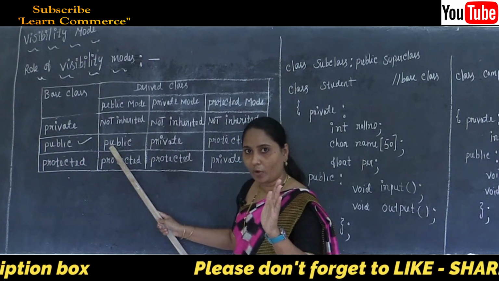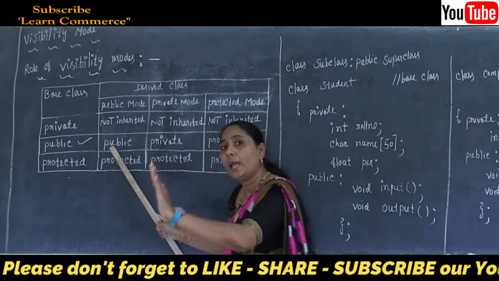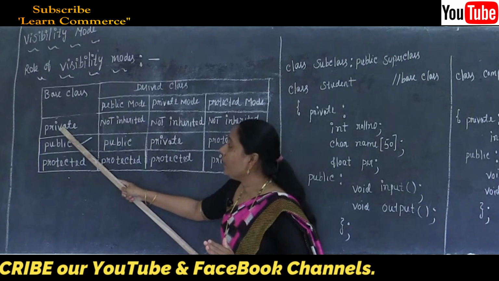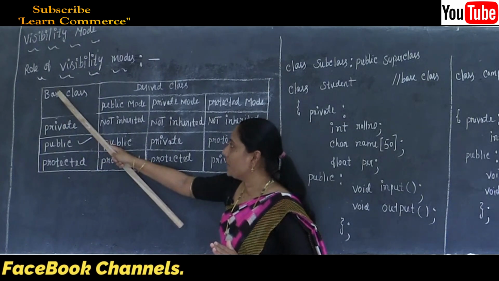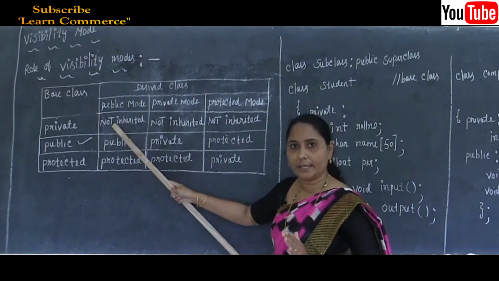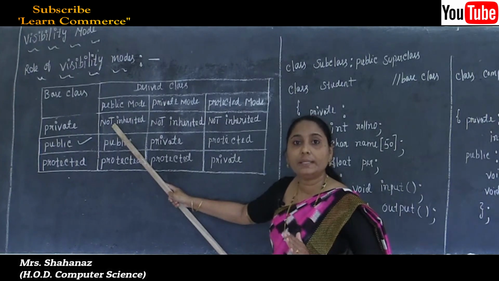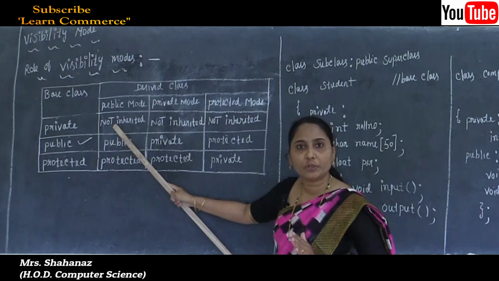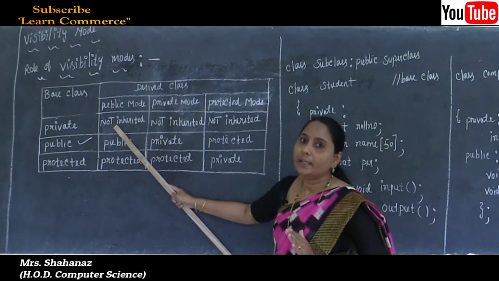The second thing: the private members of the base class cannot be inherited to the public side of the derived class. That means the private members of the base are not possible to shift to the public side of the derived class.